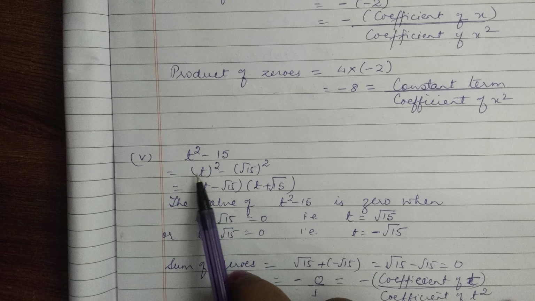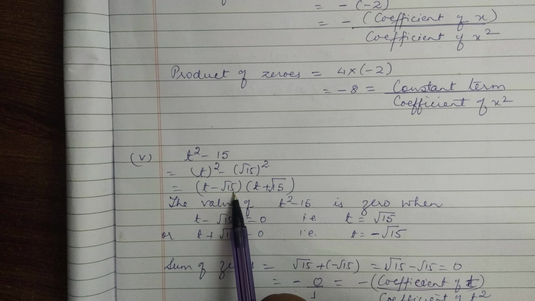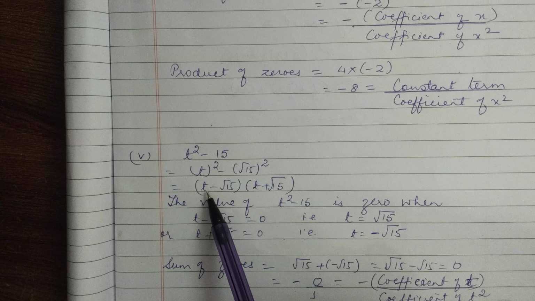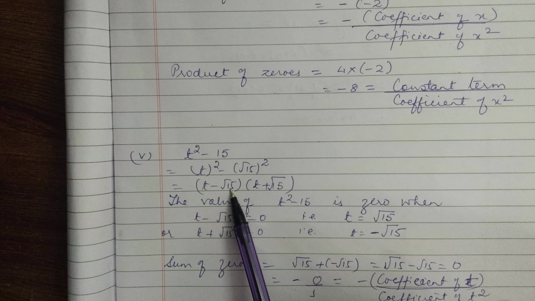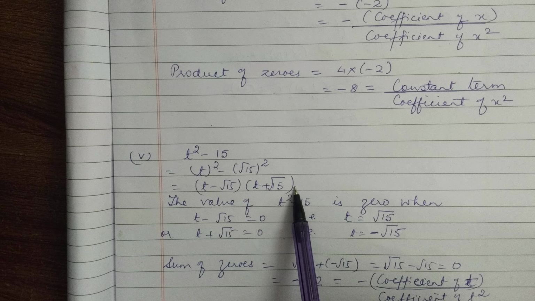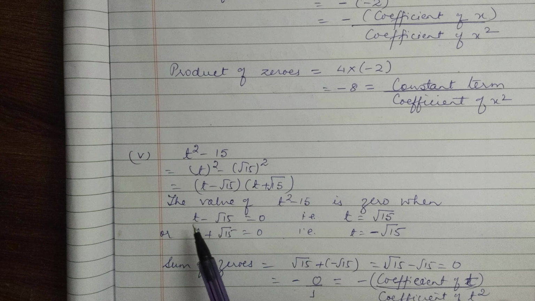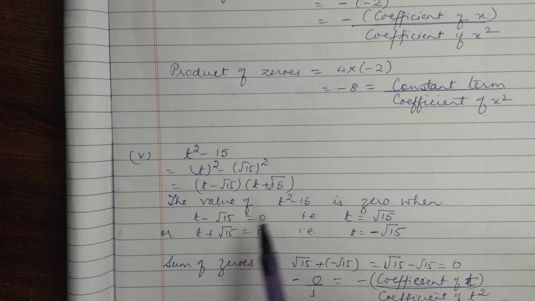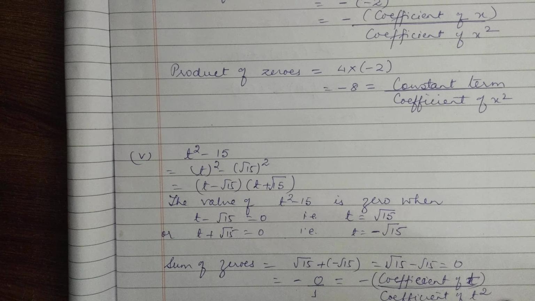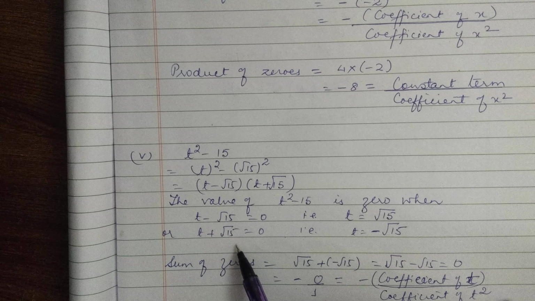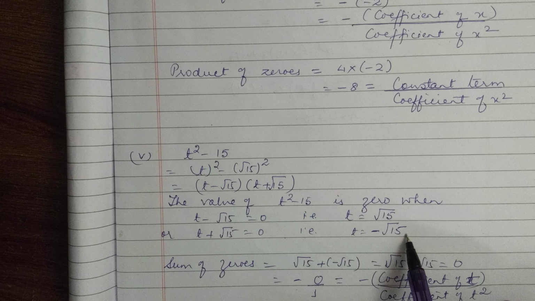So I have just written it as t minus root 15 and t plus root 15. So the value of t square minus 15 is 0 when either t minus root 15 is equal to 0 or t plus root 15 is equal to 0. So when t minus root 15 is equal to 0, t is equal to root 15, and when t plus root 15 is equal to 0, t is equal to minus root 15.